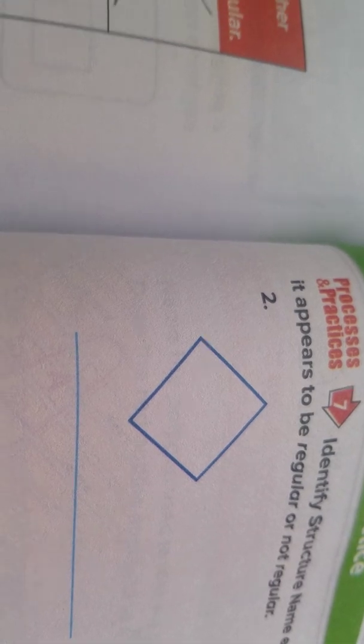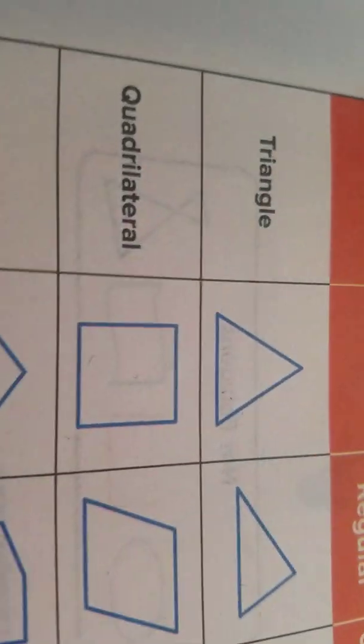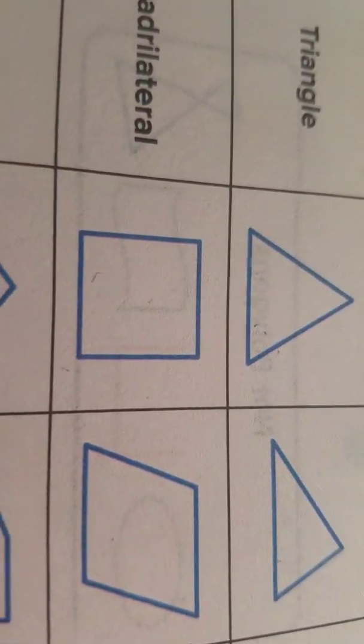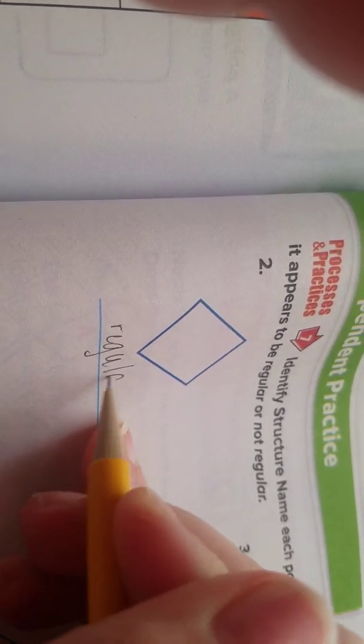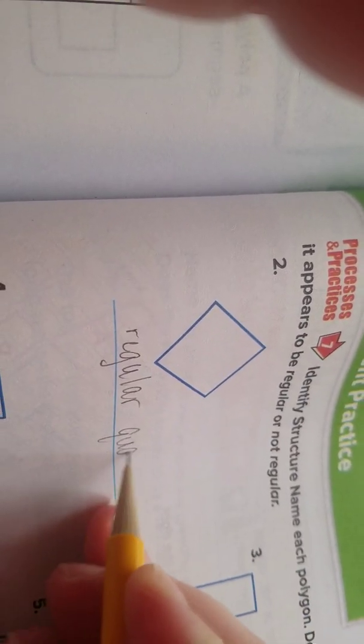Let's look at number 2. Number 2, 4 sides. Does it look like the regular quadrilateral? What about if we tilt it? Now do they look the same? I think so. It looks like the regular quadrilateral.